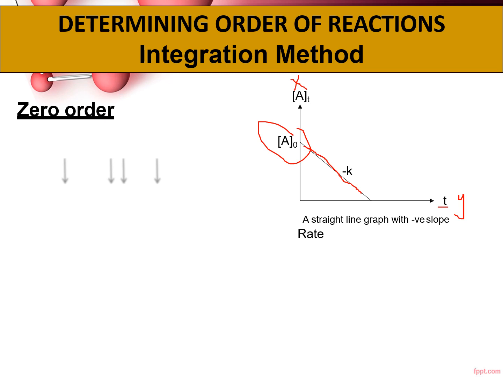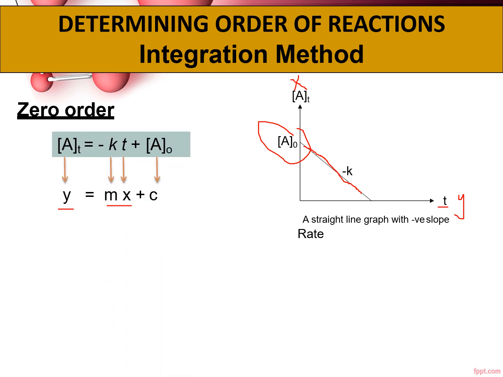You don't have to worry about how this figure comes to be like this. Just take it as that. Now when we compare to the mathematical formula, y is equal to mx plus c, you have to take it one by one. What is our y? On the y-axis, that is the concentration of A at time t.